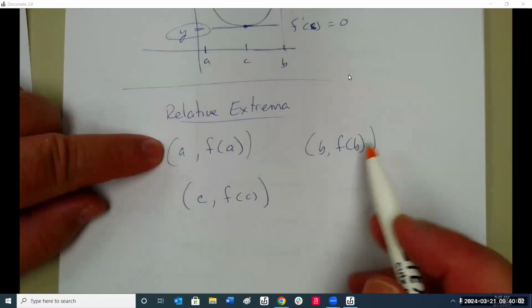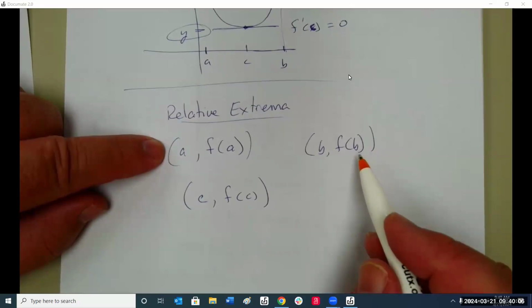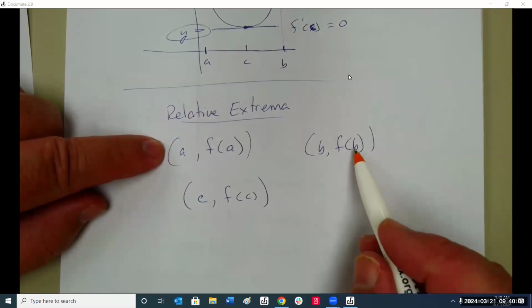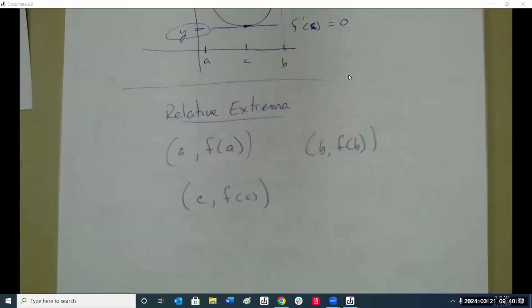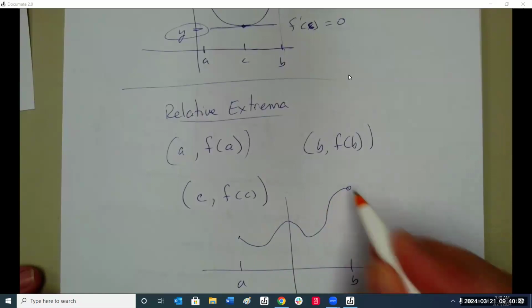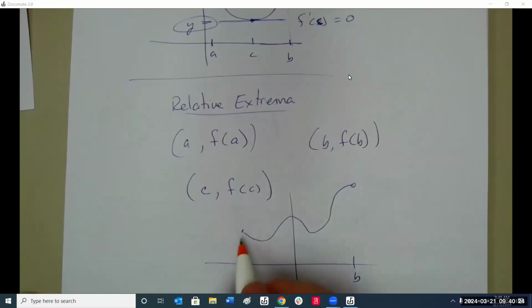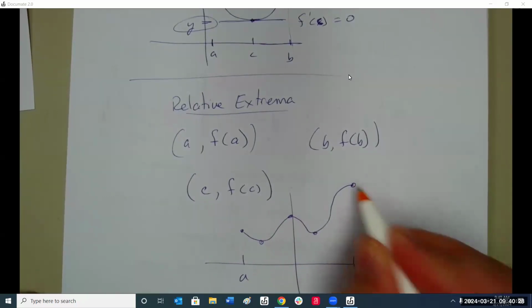These are the endpoints. You always have to try those because it's a finite domain. And yes, they're going to be relative on their little small domain. If A is here and B is here, here are our extrema points.